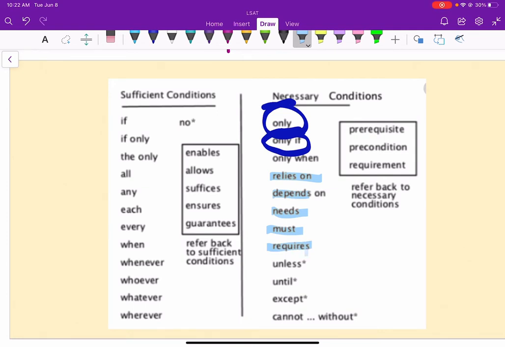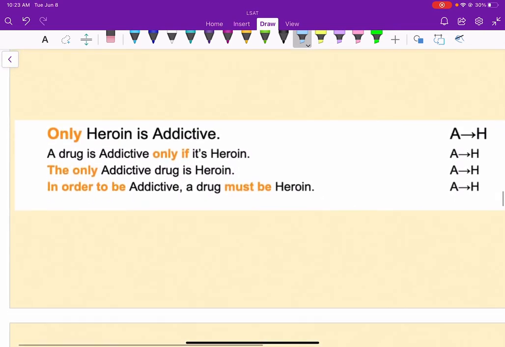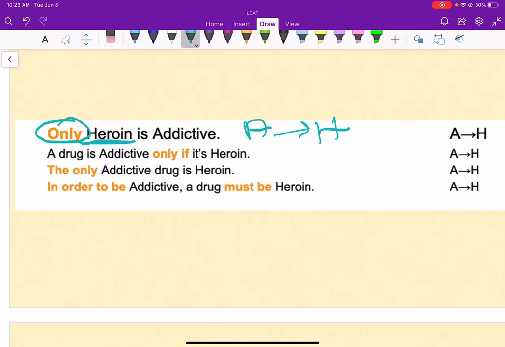We will talk about some of these down here later, but really paying attention to the common ones is important. In here we can see, just like with the sufficient conditions, how we are able to get to the same diagram. Only heroin, so only, remember, this is going to introduce our necessary condition, is addictive. So if you are addictive, we know you're heroin.